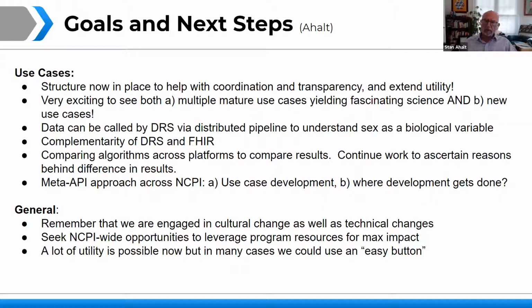Also very interesting to see the complementarity of DERS and FIRE and when you might be able to use both. I really thought the comparison that Owen talked about, comparing the algorithms across platforms to look at the results, was very interesting, and we need to continue work to ascertain the reasons behind the differences in the results.